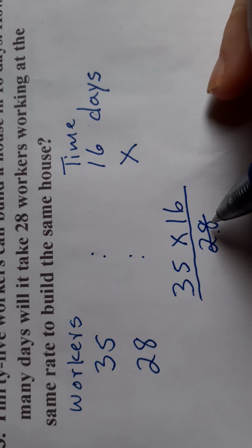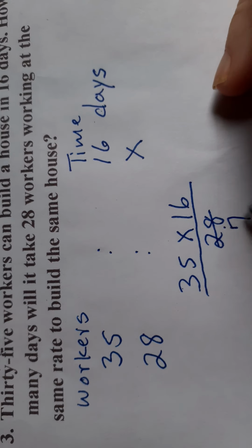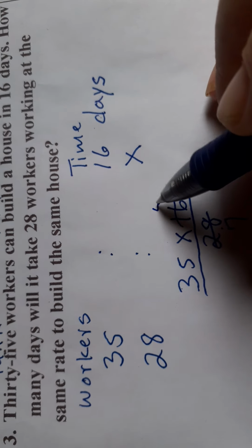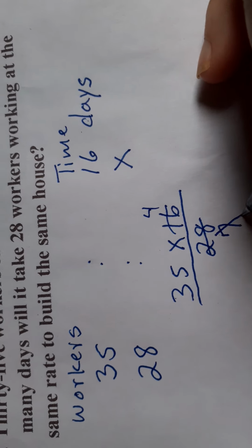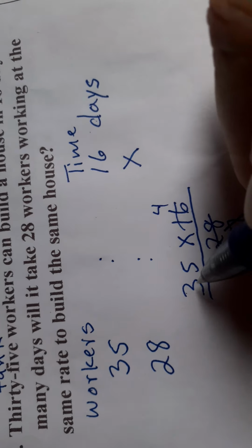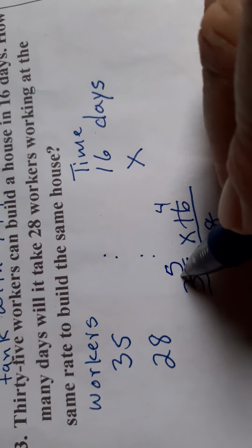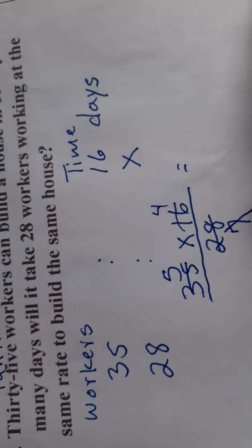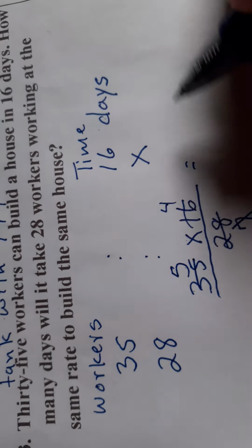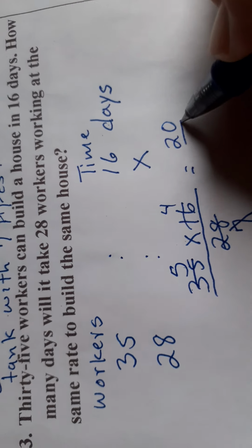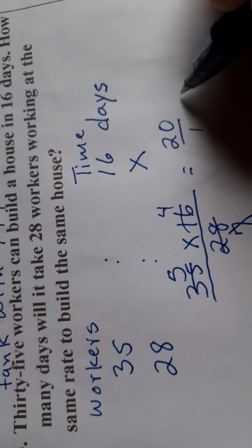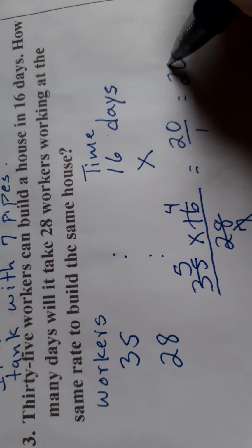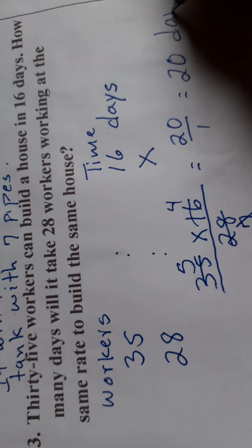So we say 4 into 28 gives us 7, and 4 into 16 is 4. 7 and 35 can simplify. 7 into 7, 1. 7 into 35 is 5. Now we multiply. 5 times 4 gives us 20 over 1. And 20 divided by 1 equals 20 days.